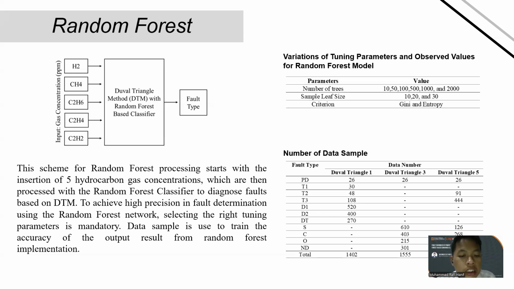And then the data sample is used to train and check the accuracy of the output result from the random forest implementation. And then we also have the data sample with all fault types, processed with fault triangle 1, 4, and 5. And you can look at the table on the right and below side.